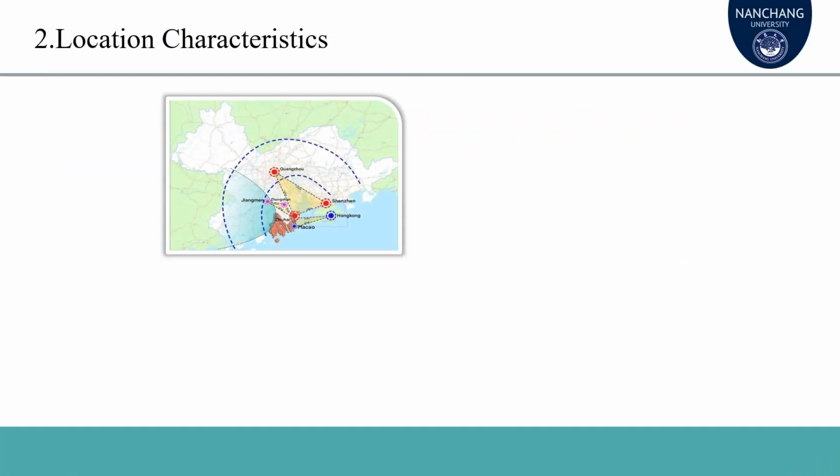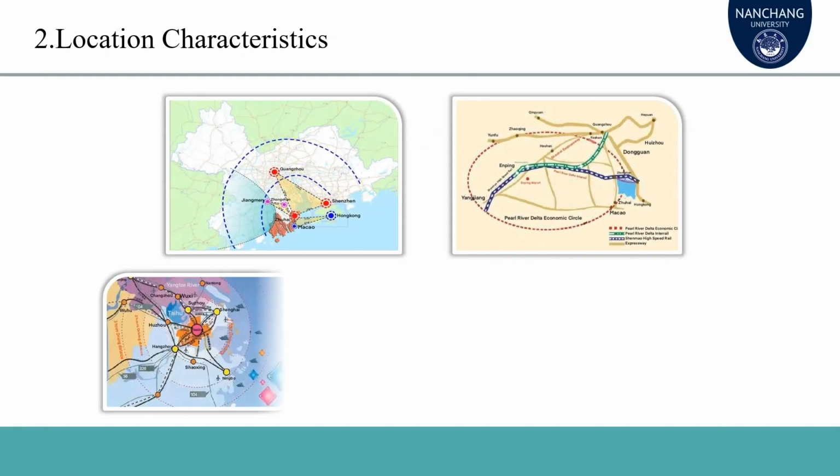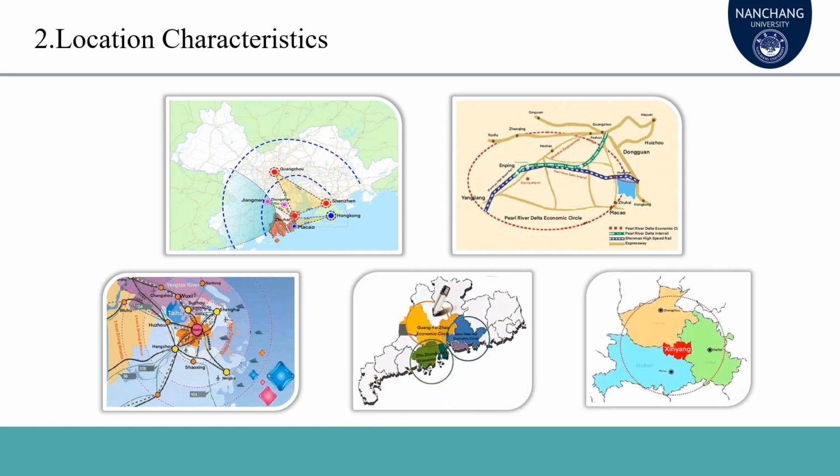Second, location characteristics. The location characteristics of a county are also important endowments, which exert a crucial impact on the spatial positioning and structure of development strategies.